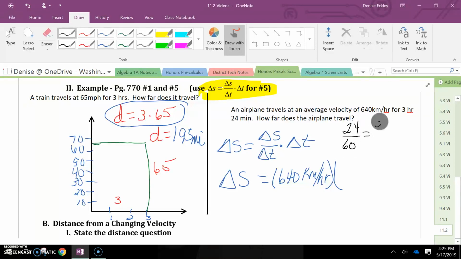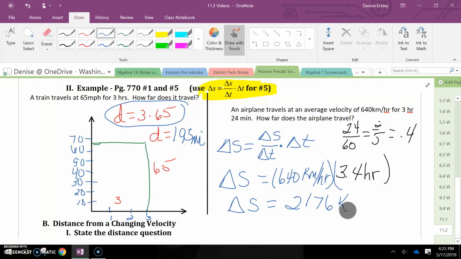And I get 2/5 when I simplify that. And that is 0.4. So my time is going to be 3.4 hours. And when I solve that, I get that my change in distance is going to be 2,176 kilometers.